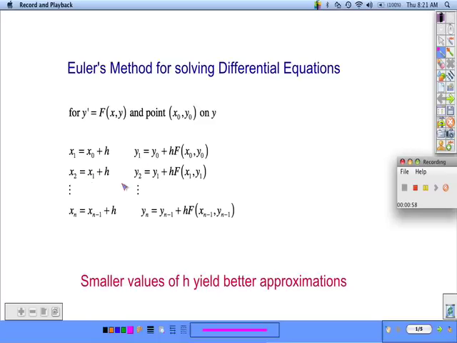To get the corresponding y values, we take the previous y and add on our step times the function evaluated at the previous point. And going through an example will help see this process.